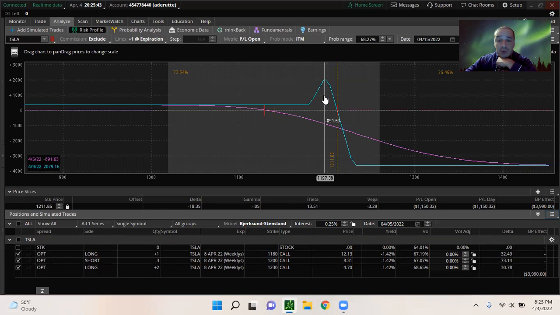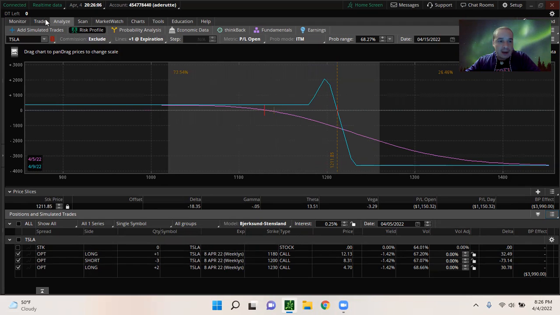Am I going to, once it's close to 1200, let it ride and hope that it goes in my favor? Or is it going to go down? So depending on which direction it goes, I'm going to take a different action. And I think it's important to know, or at least get an idea of how other people are managing their trades, so that you can bring this into your own trading.